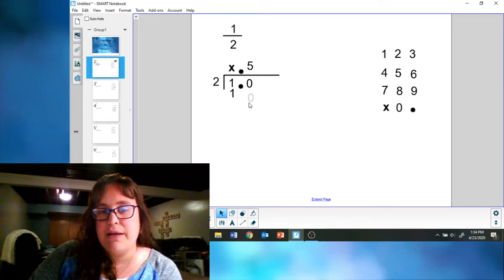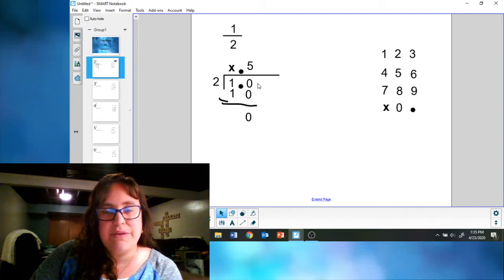Divide, multiply, then subtract. Numbers the same, zeros the game. Okay? Because I already added on a decimal with a 0, there's no more numbers to bring down. So 1/2 is equivalent to 0.5.